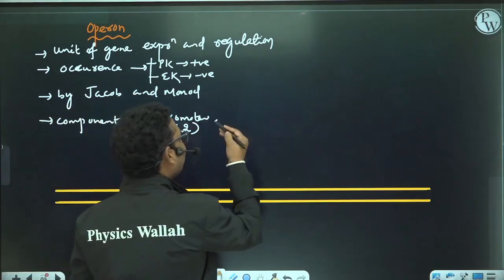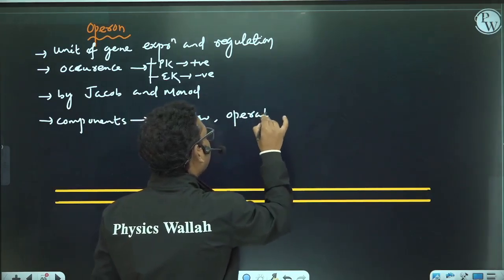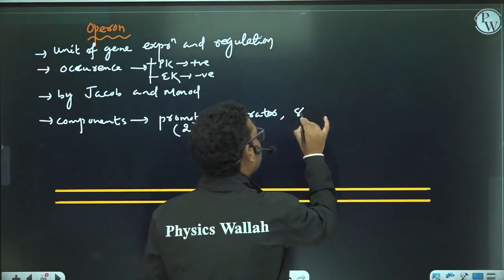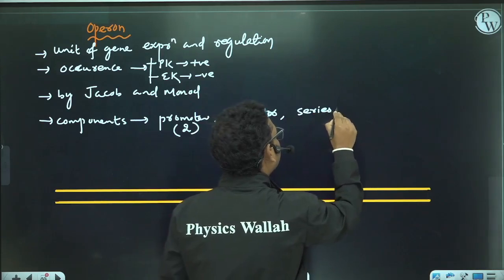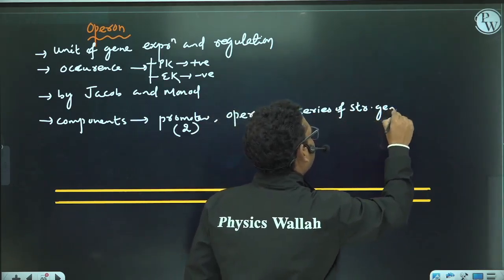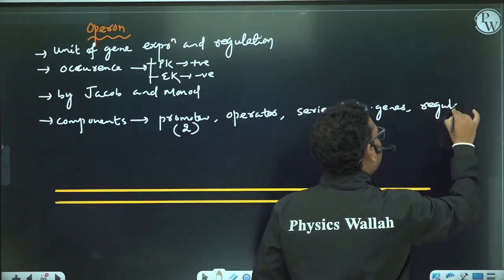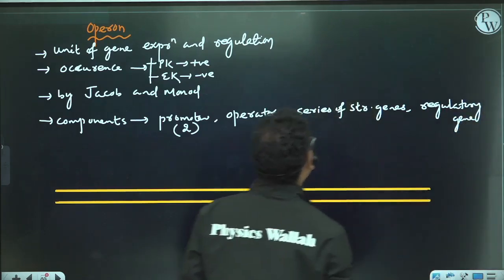Second is the operator gene. Third is series of structural genes. Fourth is regulatory gene. So these are the 4 different components of an operon.